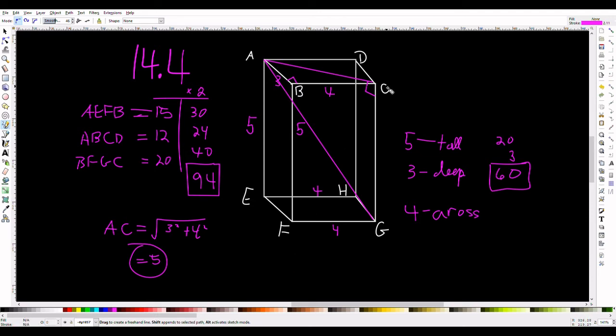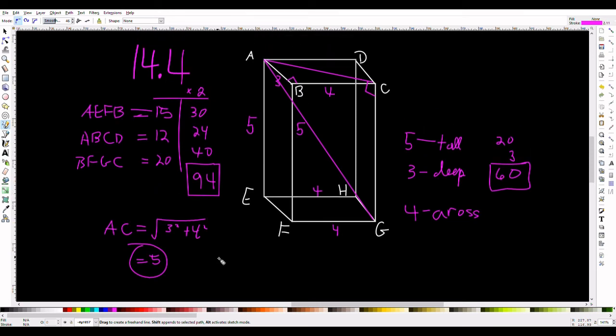And AC, we've already found, is 5. CG, we already know, is 5 as well. This gives us a 45, 45, 90 triangle. What is AG?